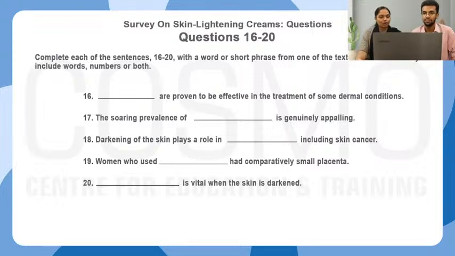So can you identify what are the keywords in question 18? Yes, Soumya, you got it right. Malignant melanoma, that was the answer to the previous question. Now we're discussing question number 18.